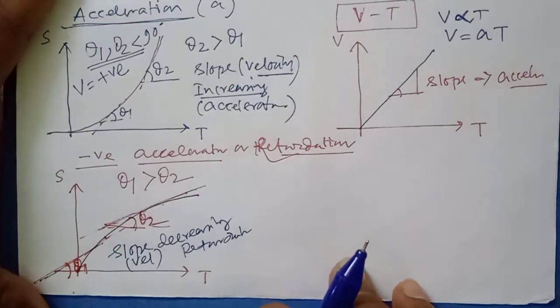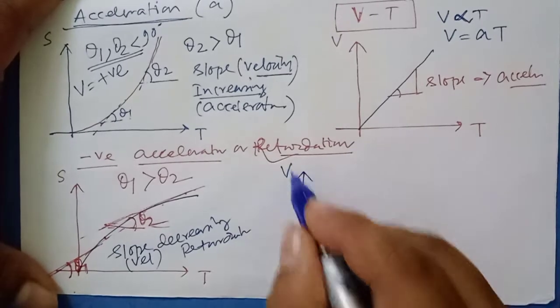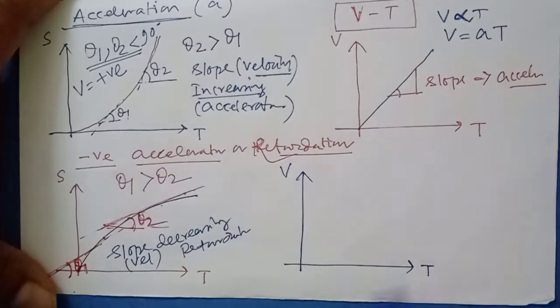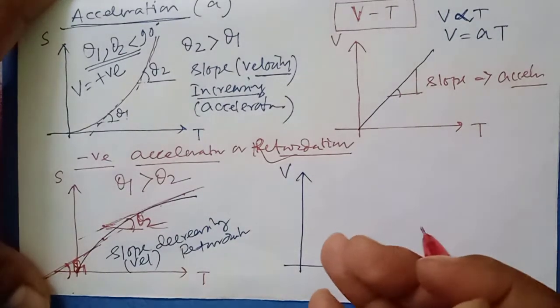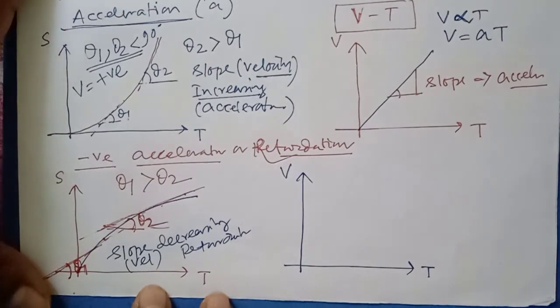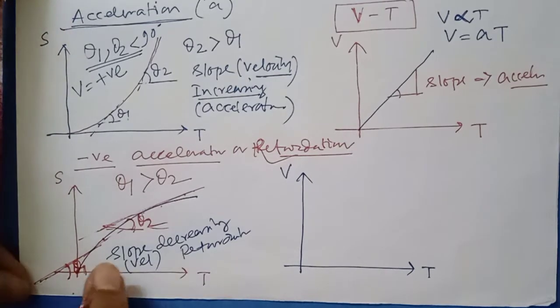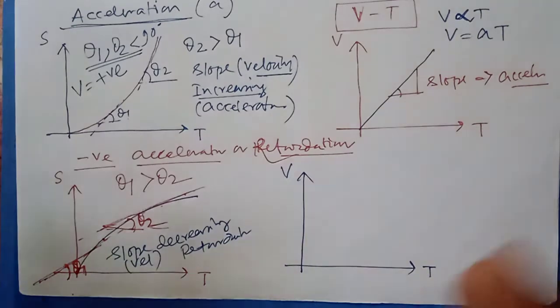Now you can also draw the corresponding VT graph. So draw V versus T graph. In case of the VT graph, retardation means negative slope. Do you think the slope is negative? Is this theta an obtuse angle? No, absolutely not.